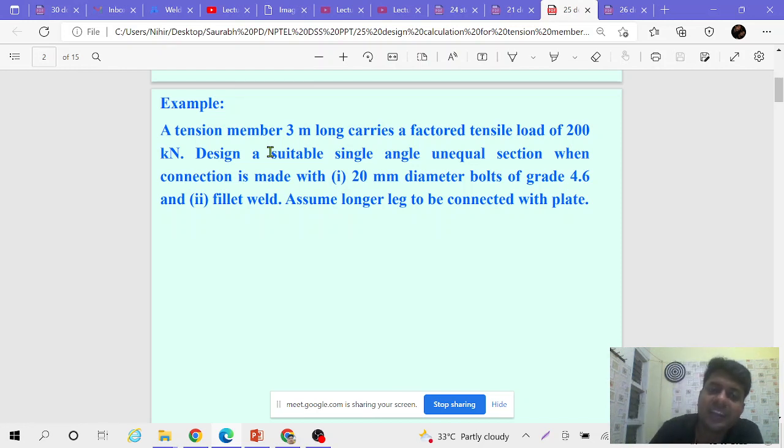You can calculate LW1 and LW2 directly, no issues. But as this is a design question, you have to show that the section you are taking is adequate to take the load of 200 kilonewton or not. If your section is not adequate to take the 200 kilonewton of load, then whatever assumptions you made while assuming the section, you have to change accordingly.